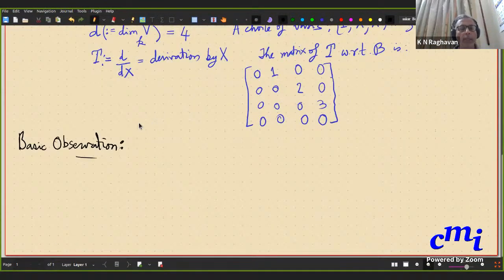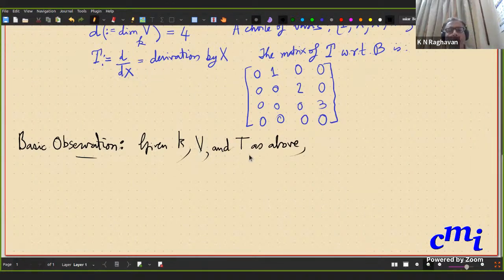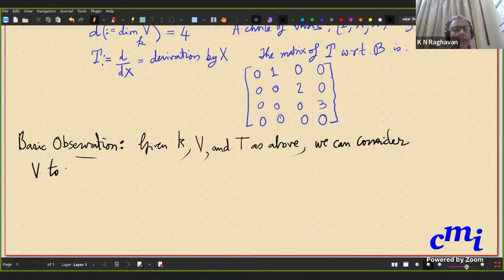Now given K, the field, V, and T as above, you have a finite dimensional vector space, D-dimensional say, and a linear transformation T from V to V. Given these, and this is where ring theory starts getting applied, we can consider V to be a K[T] module.